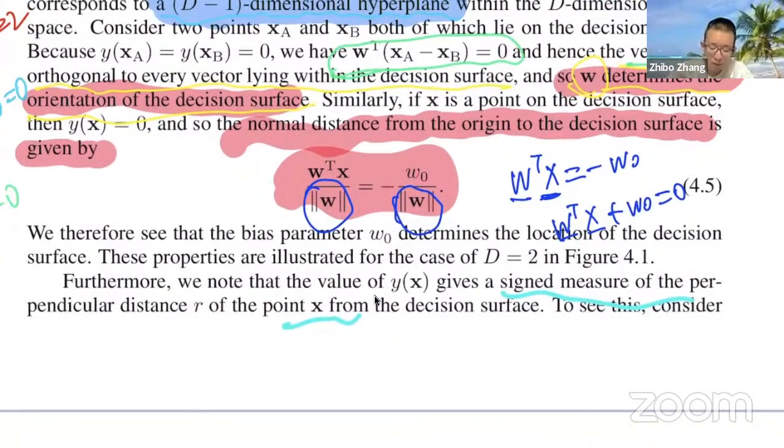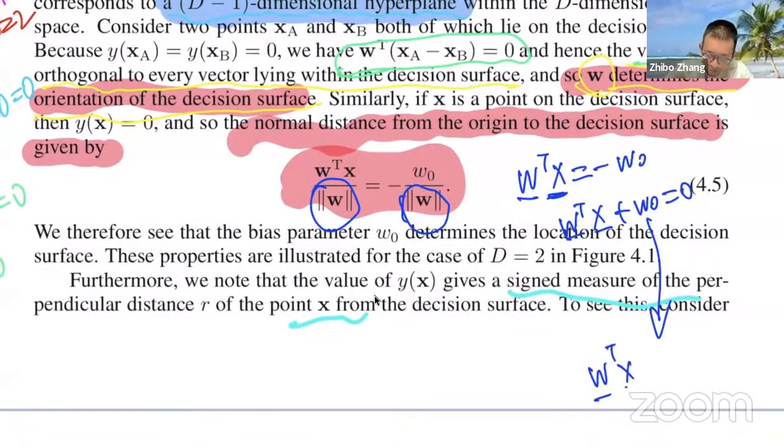So this is basically putting W0 on the other side and dividing both sides by the norm of the weight vector.